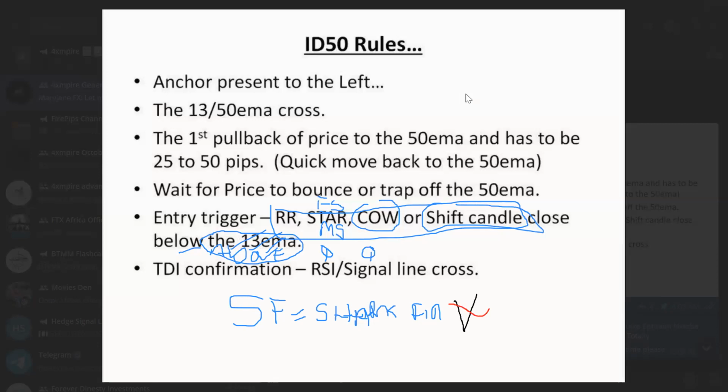Then you have your blue band, your market baseline.